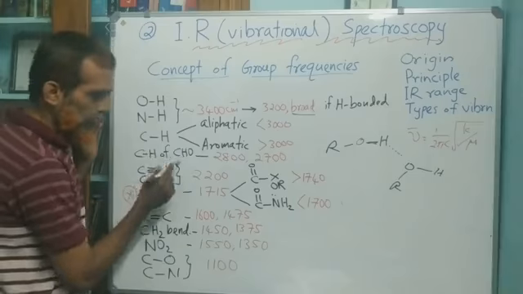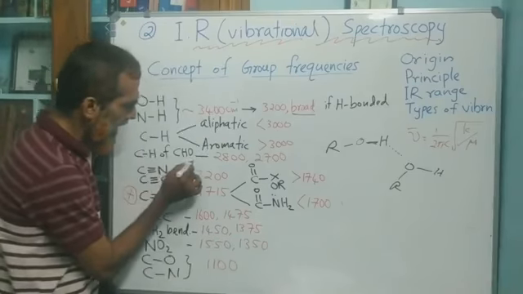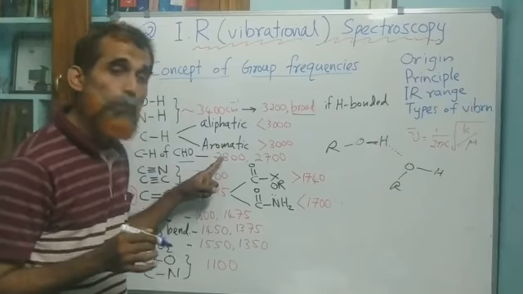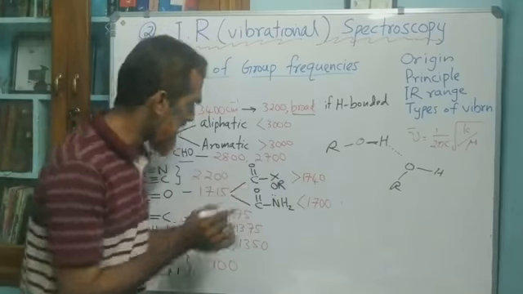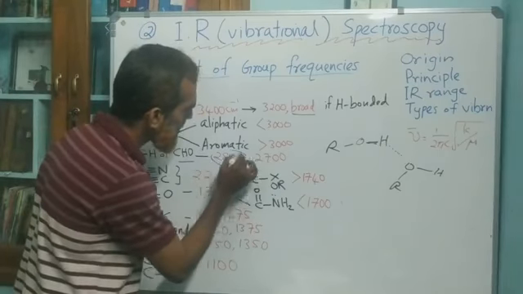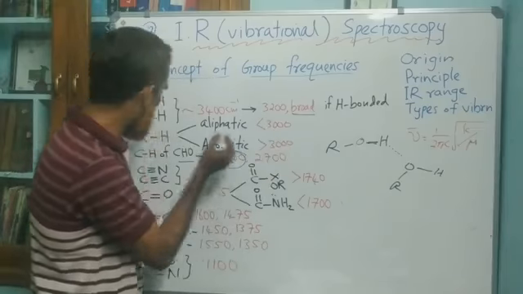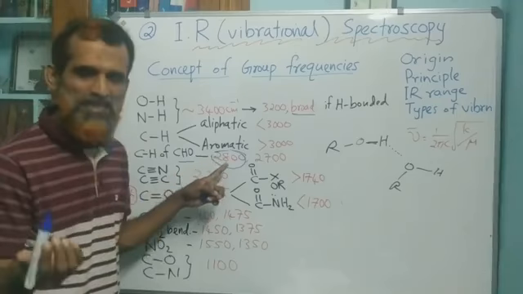Then this very notable one, the CH bond of the aldehyde group, has very peculiar IR peaks. 2 peaks you get, that is 2800 and 2700. This may get overlapped with the aliphatic CH stretching peak and may get masked, and you may not see it.